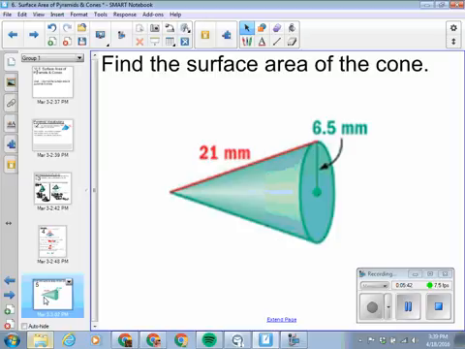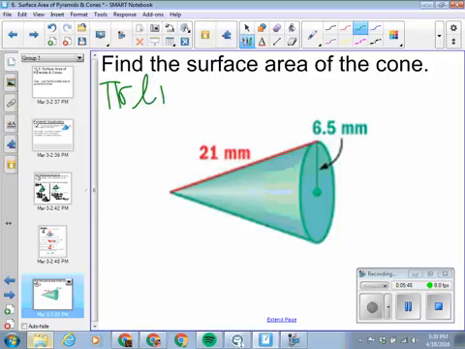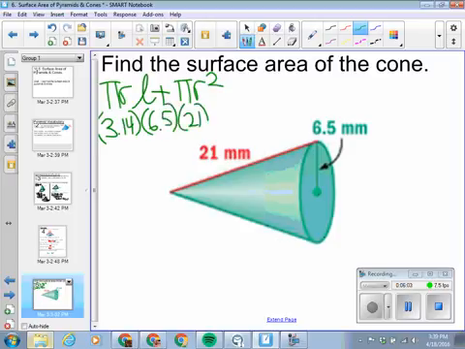So we're going to find the surface area of this cone, and we're going to start, as I said, by writing the formula down: pi r L plus pi r squared. We're going to use 3.14 for pi. The radius is 6.5. Slant height is 21.